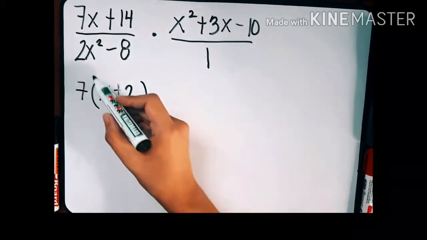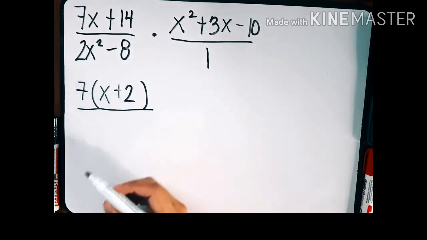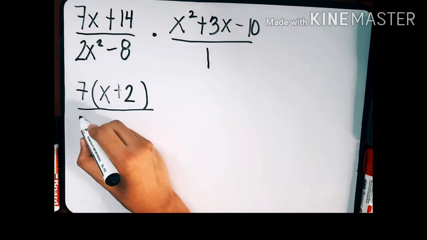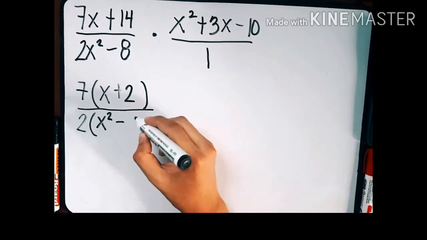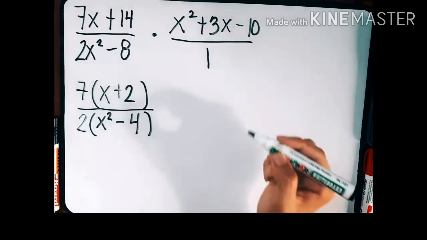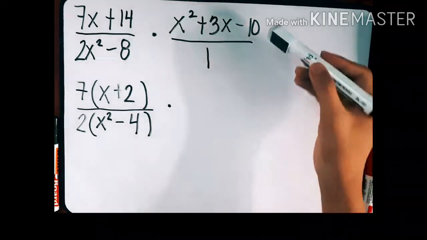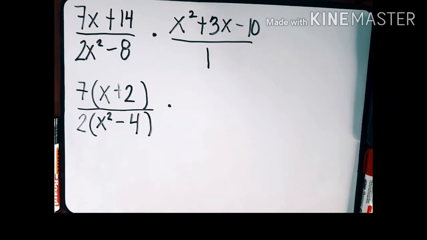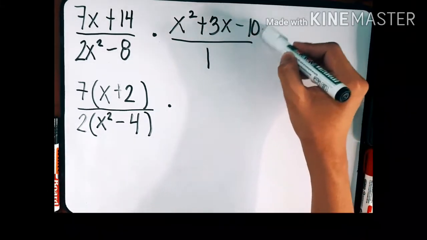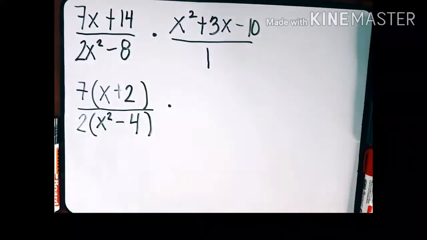Next is, factor din natin tong 2x squared minus 8. Ang GCF niya is 2 multiplied by x squared minus 4. Okay? And since ito ay isang trinomial, we can factor it by thinking two numbers that has a product of negative 10 and has a sum of positive 3.